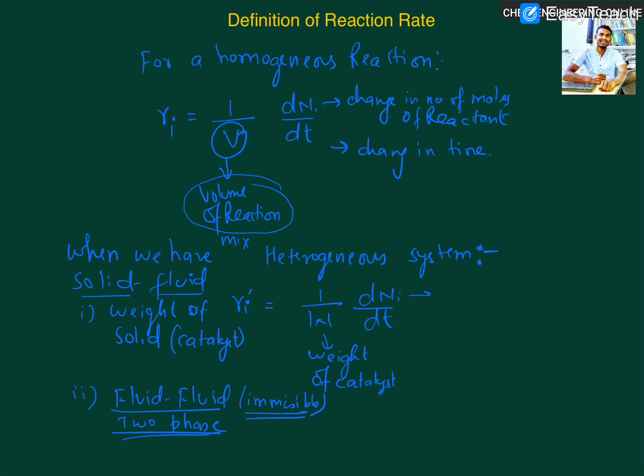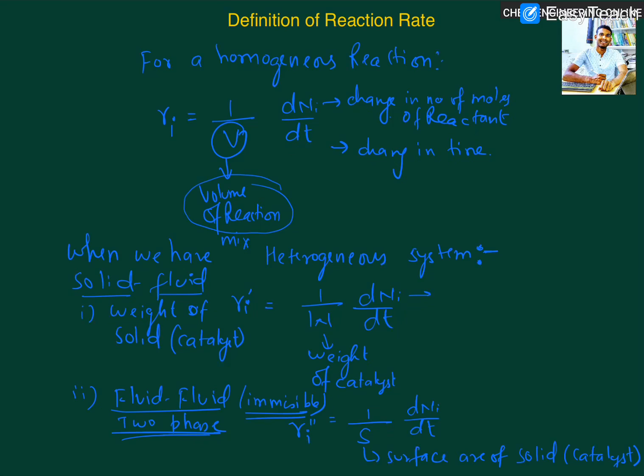In that case, if we want to define our rate, we can write it as 1 over surface area of the fluid times dNi/dt. This should be the surface area of solid, that is catalyst, and dNi/dt is the same.